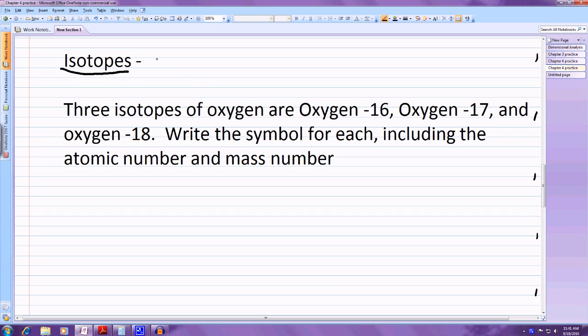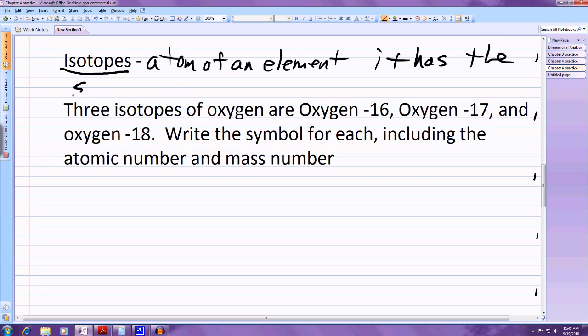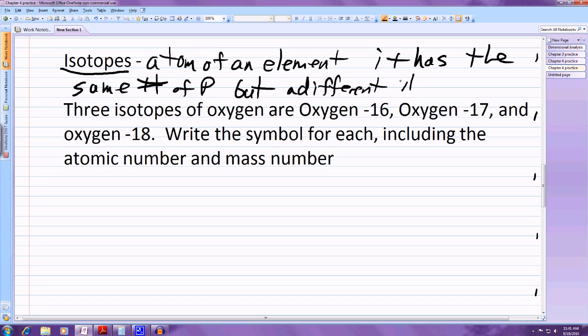An isotope is an atom of an element that has the same number of protons, but a different number of neutrons.